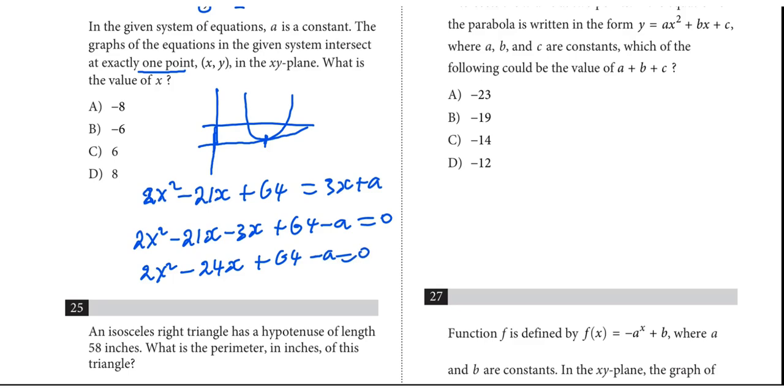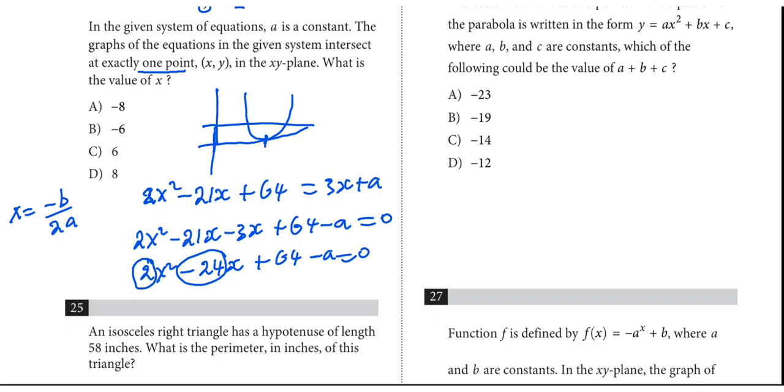So now to find the minimum point, we simply need to use x equals negative b over 2a. From here, this value here is our a, so a is equal to 2 and b is negative 24.